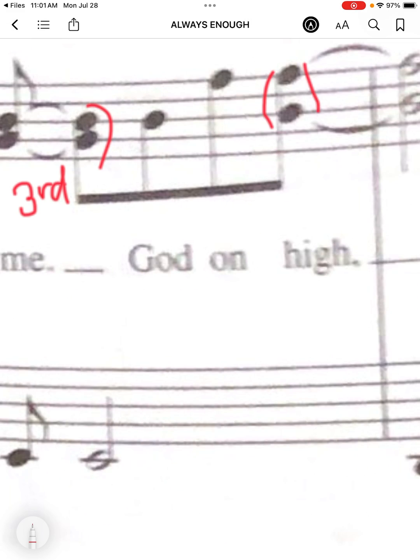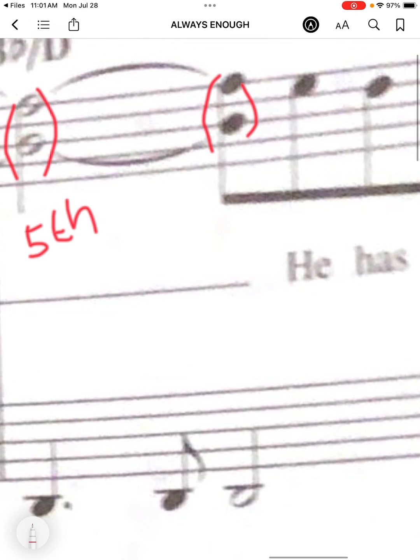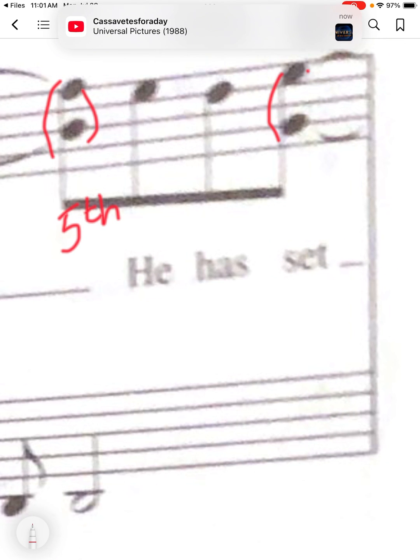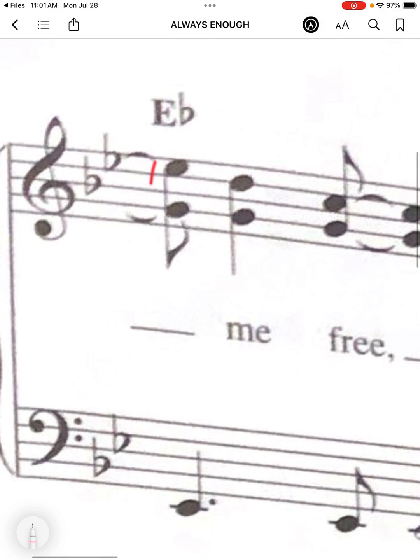That note, these two are a fifth. Fifth, I saw you. Fifth. Fifth. Sixth. All right, sixth. Fifth.